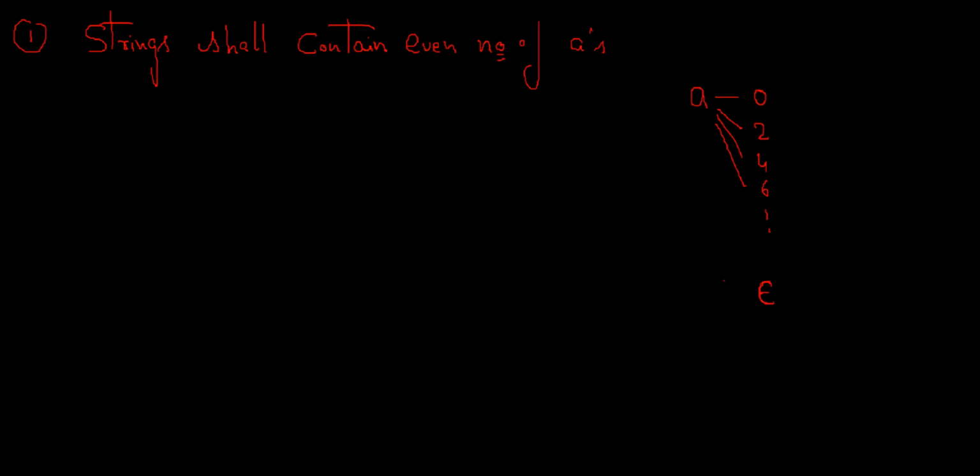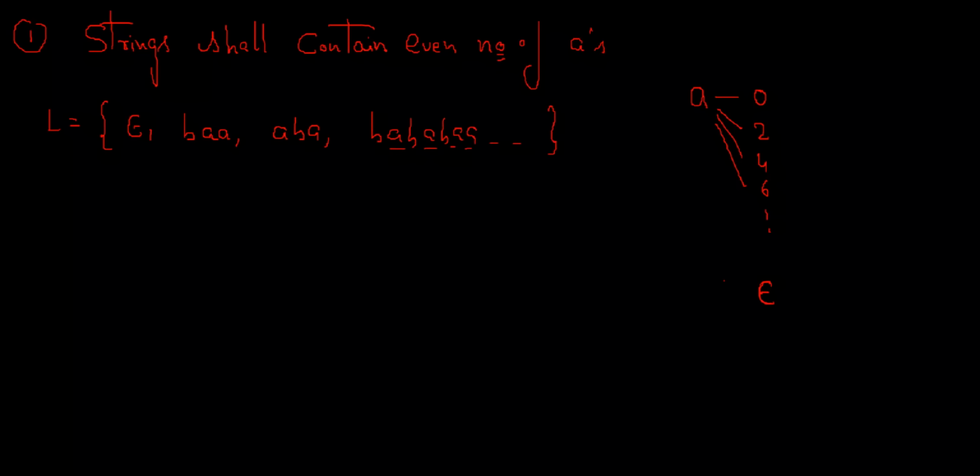If you take the language of strings, L is equal to epsilon, BABA, where there are an even number of A's, BABABA, 1, 2, 3, 4, even number of A's, and so on. But the minimum string is epsilon.